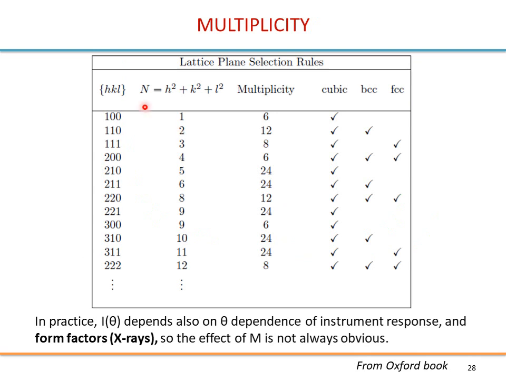So this shows for different planes the multiplicity associated. So 6, 12, 8, 6, etc. And this, of course, shows which plane gives some peaks.